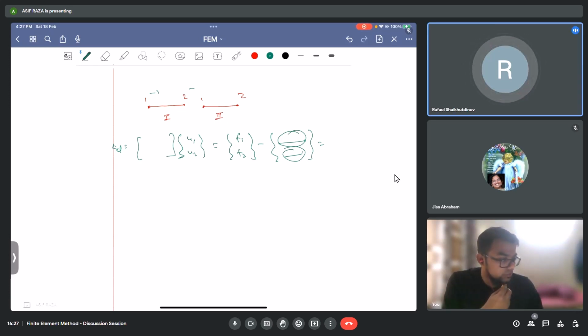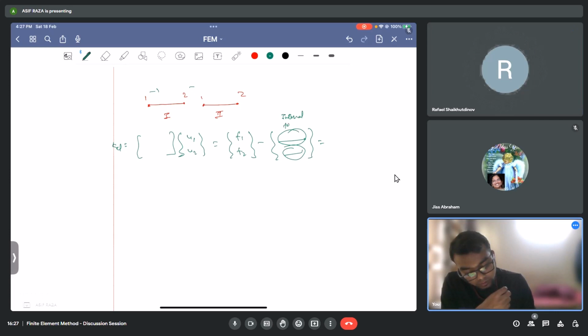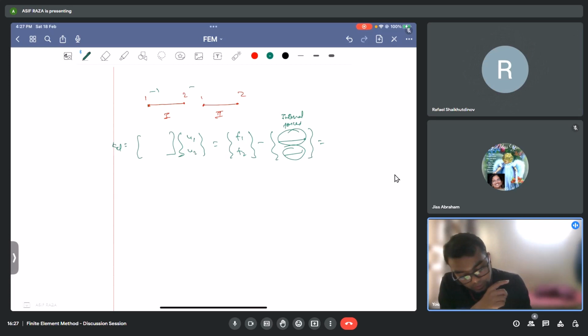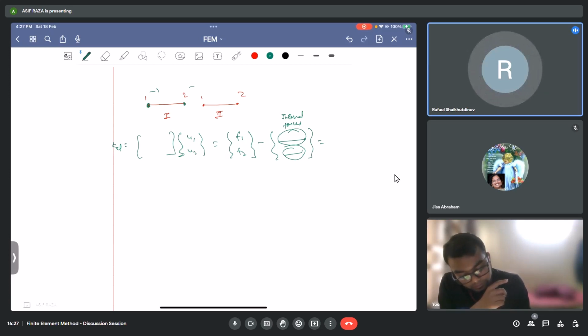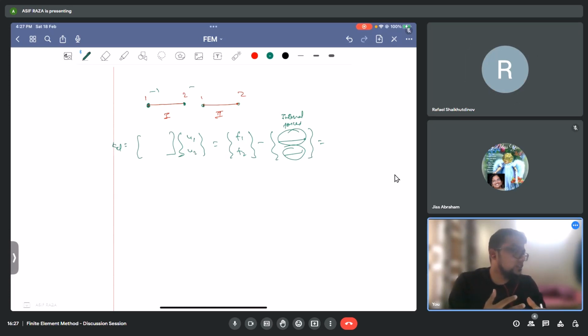That's right, yes. This one, the last part of your bracket, is not like an internal force. It's like a force on the boundary of this element. Yes, I believe I understand it like that.